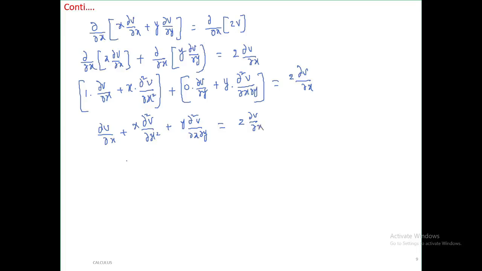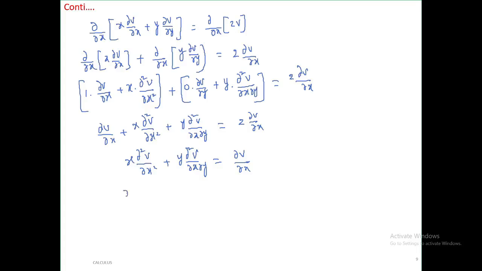Now look at x ∂²v/∂x²; exactly these terms are present in the question, and y ∂²v/∂x∂y. This is equal to 2 ∂v/∂x minus ∂v/∂x, so one time will remain, which is ∂v/∂x. Bring this to this side.